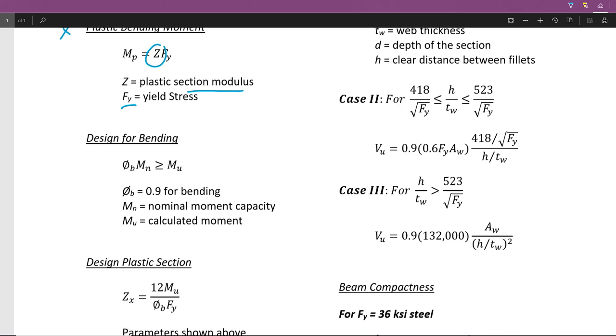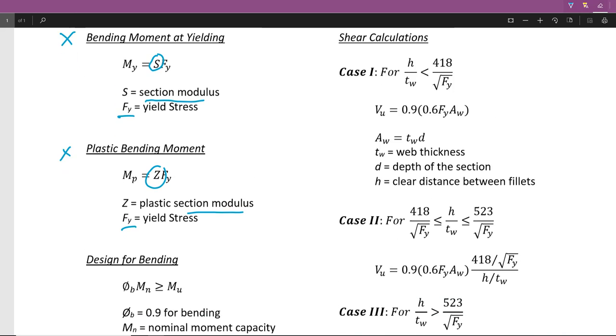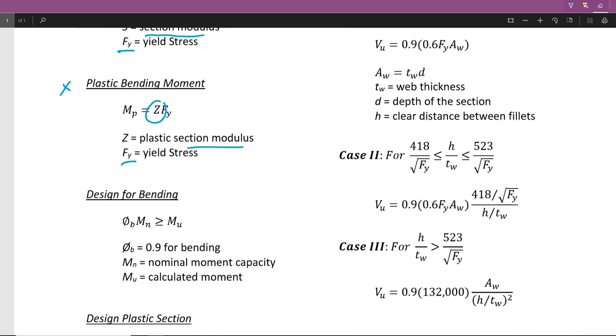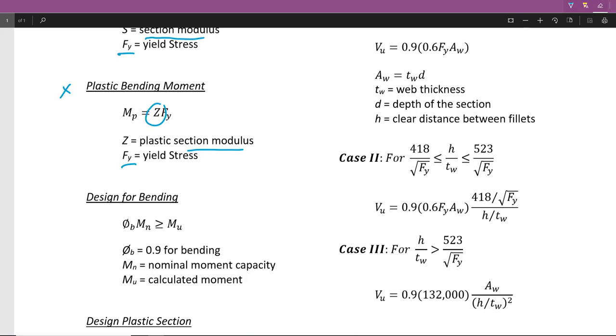Next thing I want to do is recognize here that there's a couple different equations that show up. Generally speaking, this next equation is the LRFD equation for bending. And I've put it in the same form as what we saw in the PowerPoint.